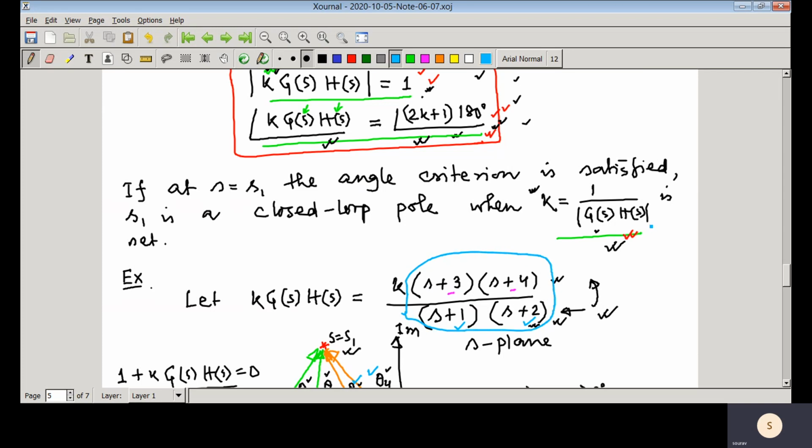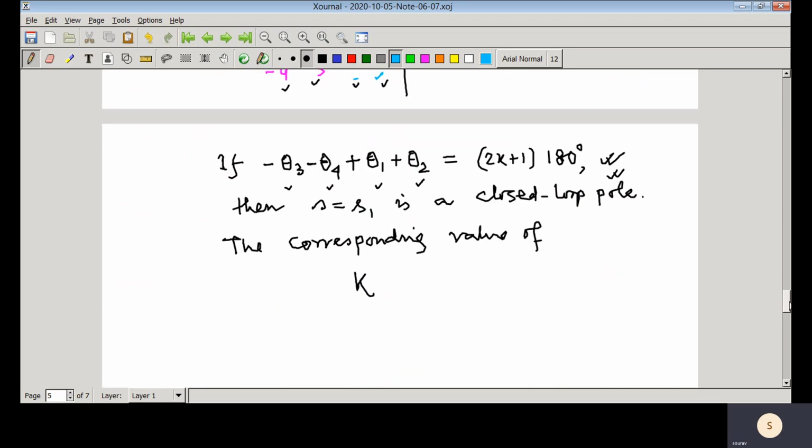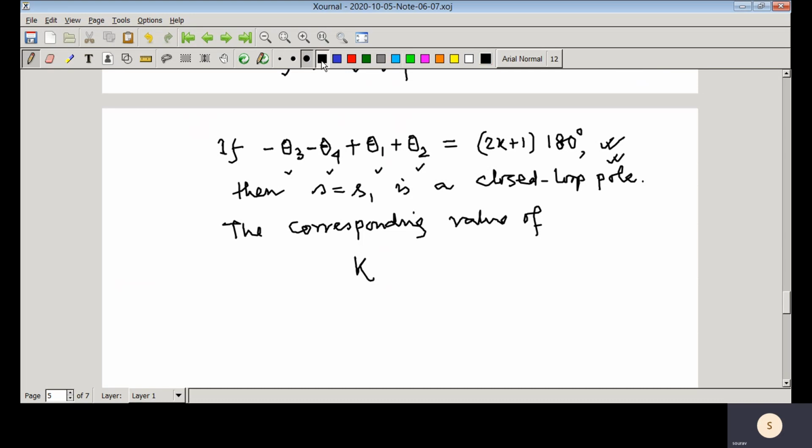If we write G(s)H(s) here, in the denominator we have all the poles, so they will come to the numerator when we take the inverse. So if we take the mod of that, what will we get? That is the product of all pole lengths divided by the product of all zero lengths.